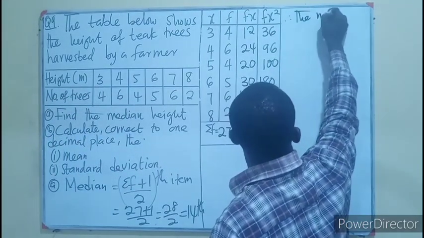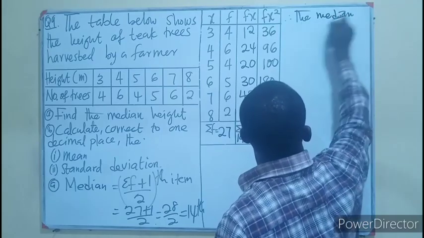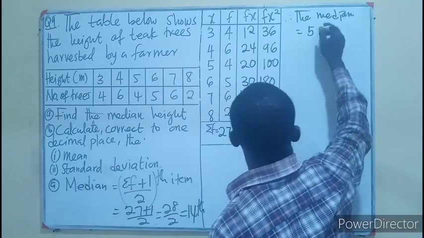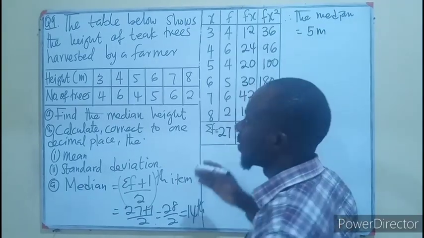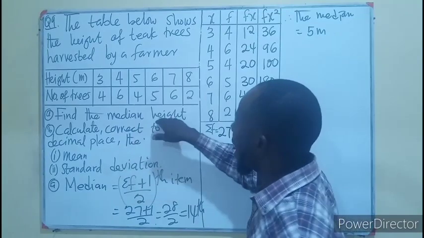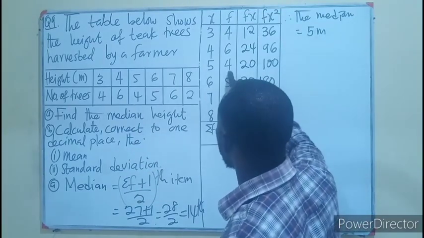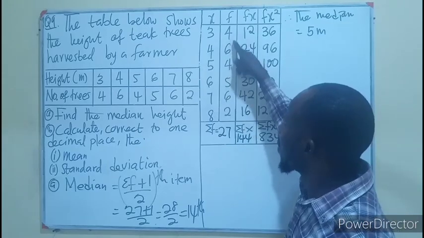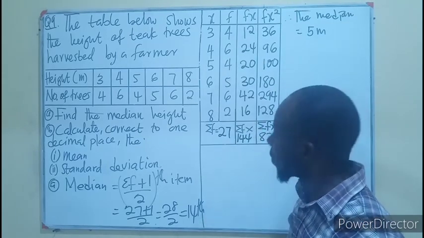Therefore, the median is going to be 5. That is 5 meters, which is the height of the trees. We are looking for the median height, and the median height is going to be 5, based on the arrangement of the heights according to the frequency. Alright.